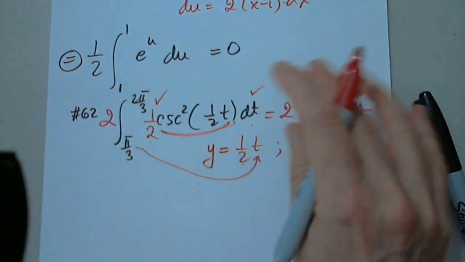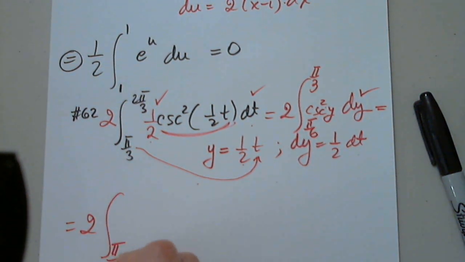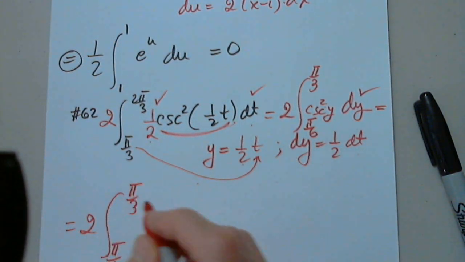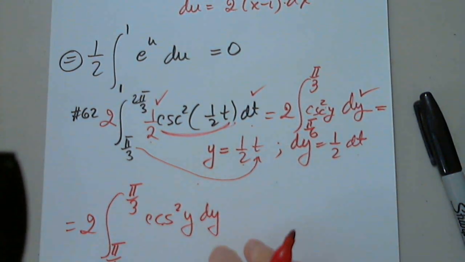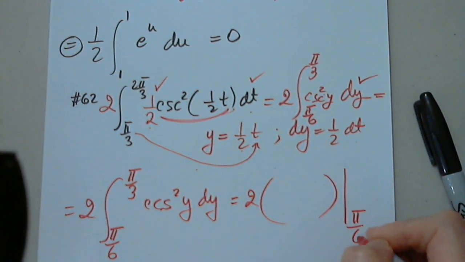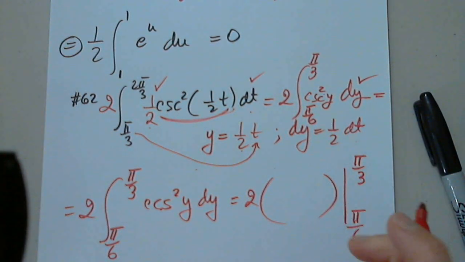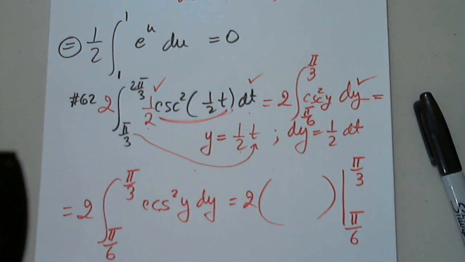I'm going to copy it again because it's squeezed in there and I don't like it. So from pi over 6 to pi over 3, and we have cosecant squared y dy. Now I have 2, from pi over 6 to pi over 3, which function prime is cosecant squared?